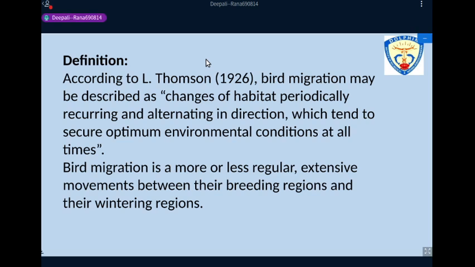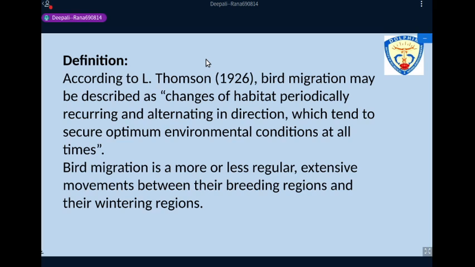So by definition, when we describe a particular phenomenon and give emphasis to it, we must have a particular type of definition. Okay, so according to L. Thomas, a scientist in the year 1926, he described the phenomenon of bird migration and emphasized it in the form of a definition.